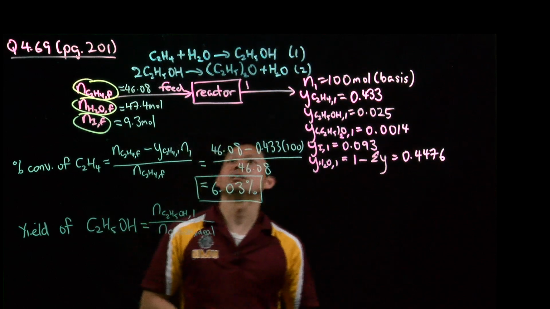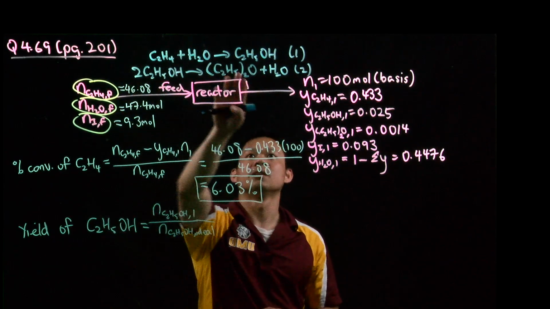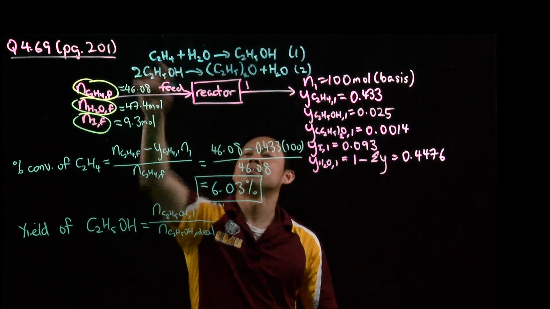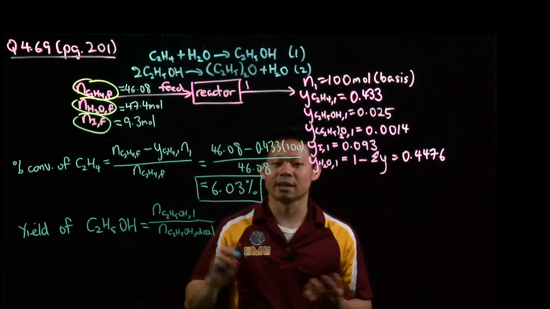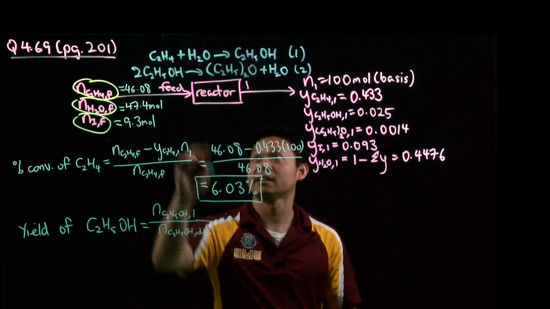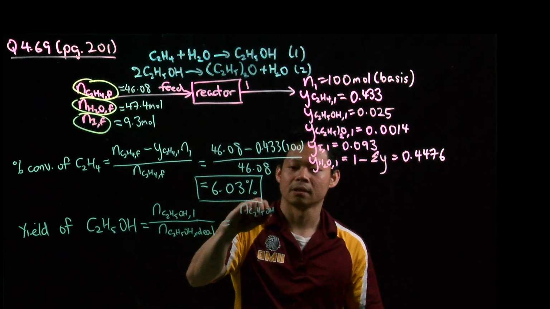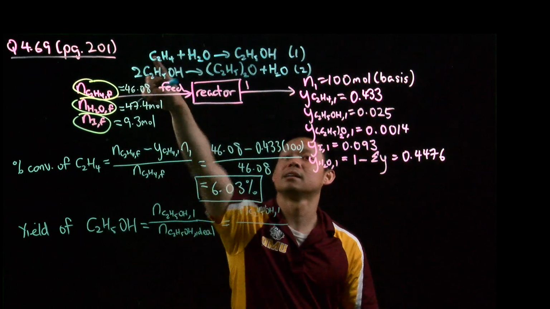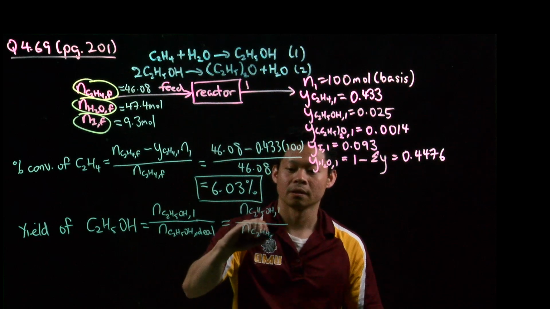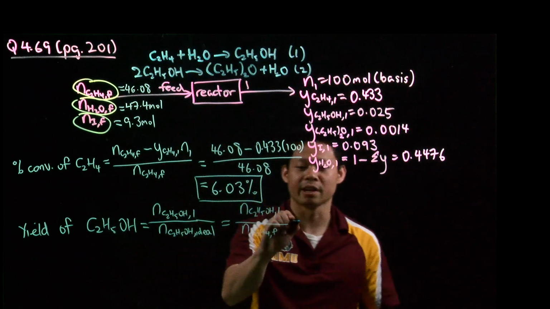The definition of this is that we do not have this second side reaction, so none of the products will go into the ether that we don't want, and we are assuming that all the C2H4 is going to get consumed in the reaction to form our C2H5OH. Which means the ideal number of moles is essentially the number of moles of C2H4 that we fed into the system, assuming that all of this is going to get reacted in reaction 1.